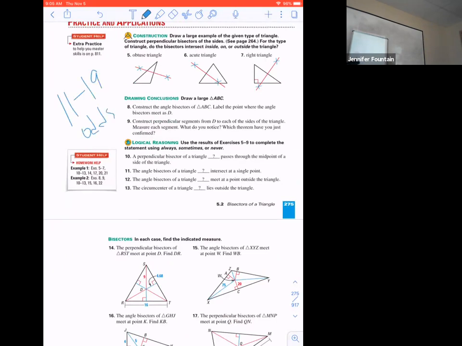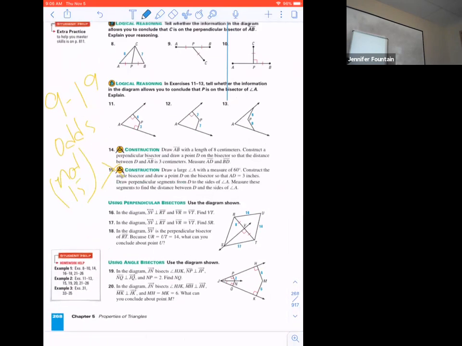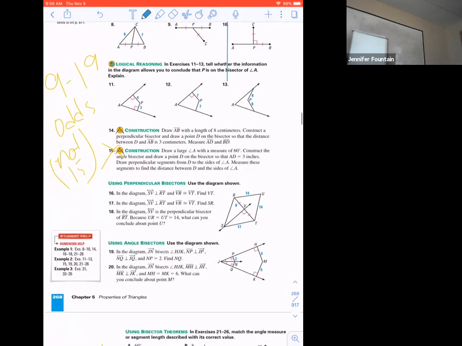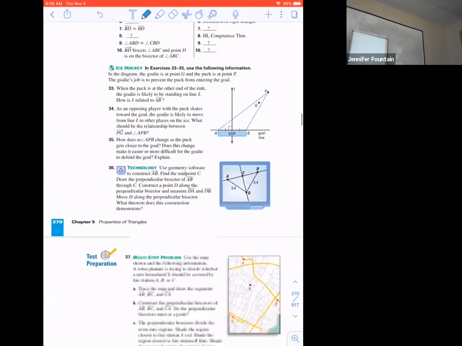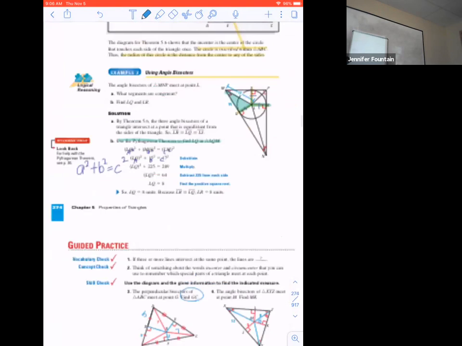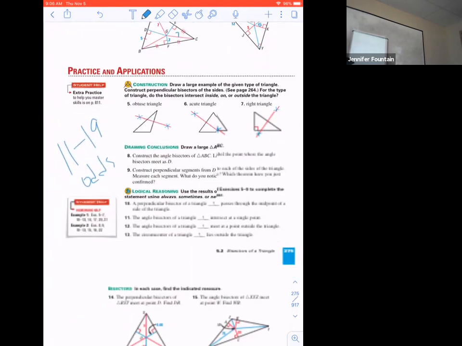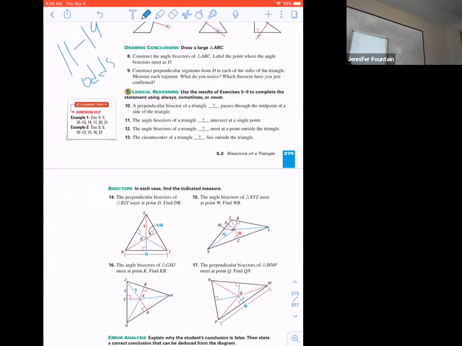What was the homework from last week? Wow, so yesterday. From yesterday, we only had from 5-1, it was 9 through 19 odds, and we omitted number 15. So 5-1 is 9 through 19 odds, no number 15, and then 21 through 26 all. So now we're adding to that, where it's going to be page 275, 276, 11 through 19 odds.